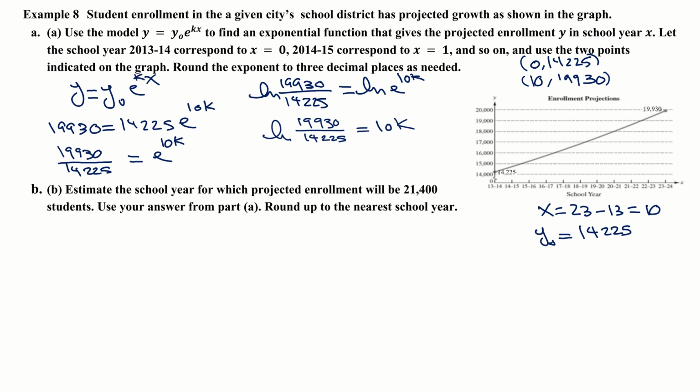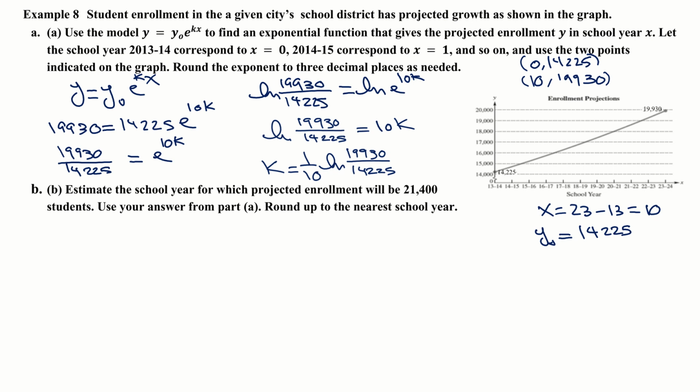So multiplying both sides by 1/10, we get k should be 1/10 ln of 19,930 divided by 14,225.